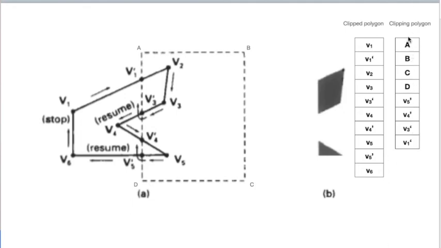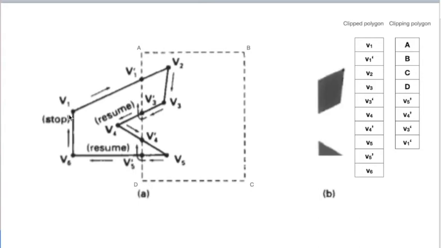For the clipping polygon, the vertices are placed in this list in the order A, B, C, D, V5 dash, V4 dash, V3 dash, V1 dash, and V1 dash automatically to A. Okay, so that is the list of vertices of the clipping polygon, and similarly for the clipped polygon the vertices are listed like this.